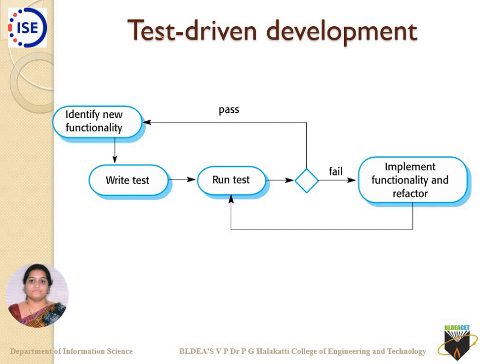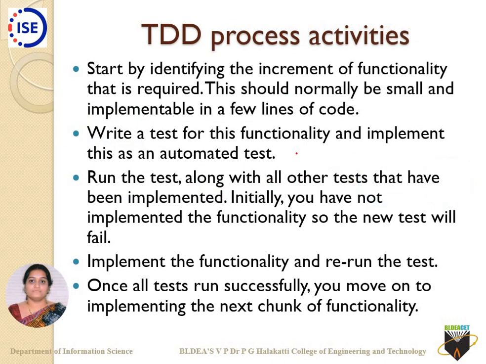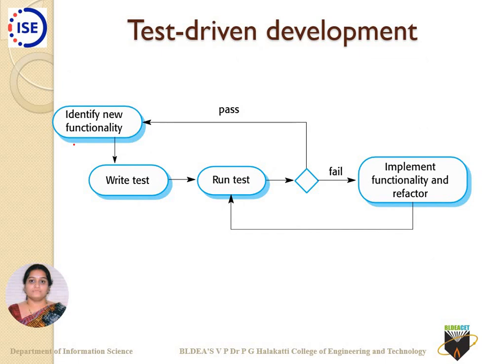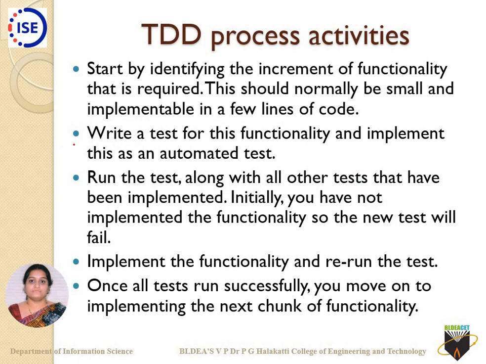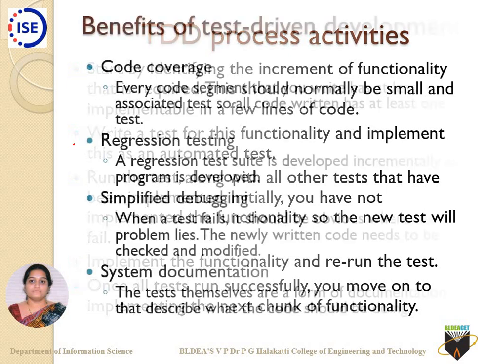So this is how test driven development works: you write the test, you run it, then you implement the functionality if it's a failure. The same is written here. It's a self-descriptive slide which defines this TDD process. It starts with identifying new functionality, then you write a test for it, run it, then implement the functionality and rerun the tests. Once all the tests run successfully, you move on to implement the next chunk of functionality.